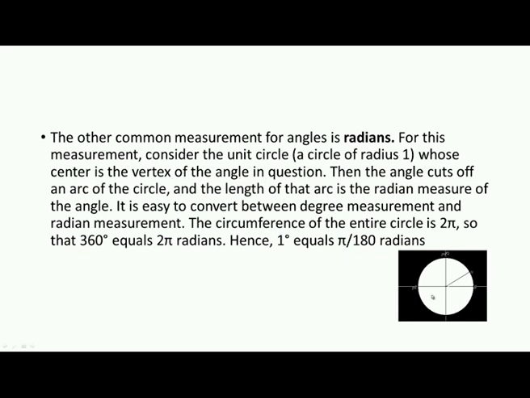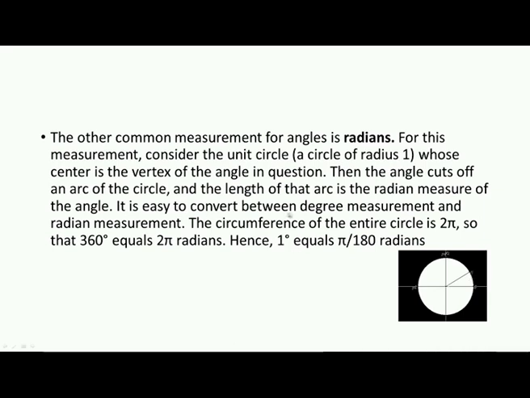If you see this diagram, this is the vertex and this is the circle with 1 unit radius. Then the angle cuts off an arc of the circle, and the length of that arc is the radian measure of the angle. You can see here we have a line here, and another line here. These two lines cut the circle. So, this length of arc is the radian.